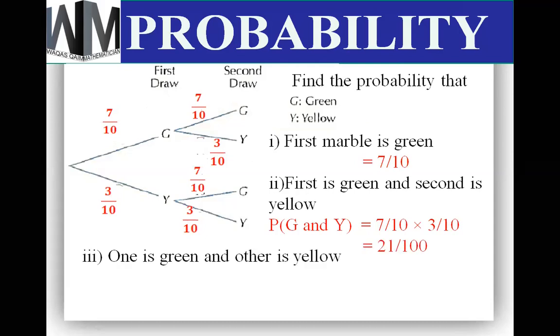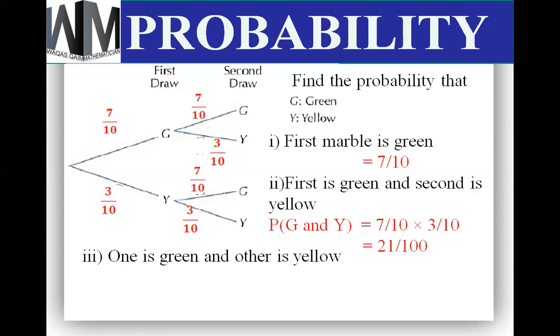Now third part, one is green and the other is yellow. Now part 2 and part 3 seem the same. What is the difference between these two parts? Okay, so in part 2 they specified the order that first must be green and second must be yellow.